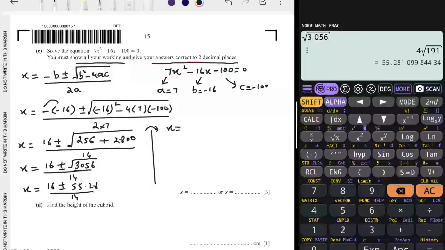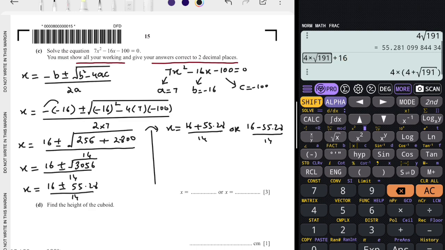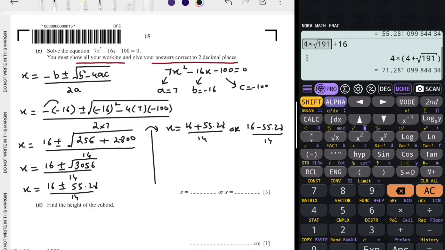So x is equal to 16 plus 55.28 divided by 14, and x is equal to 16 minus 55.28 divided by 14. So 55.28 plus 16 is equal to 71.28 divided by 14.